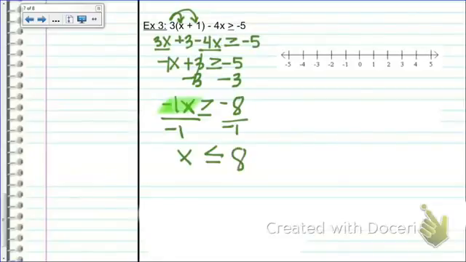Positive 8. Another way to look at this: negative 1 divided by negative 1 is positive 1, and negative 8 divided by negative 1 is positive 8. But since we changed the signs of everything, we have to flip the inequality. So my answer should actually be x less than or equal to positive 8.